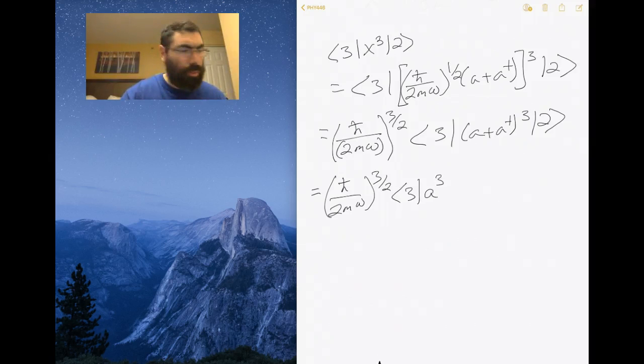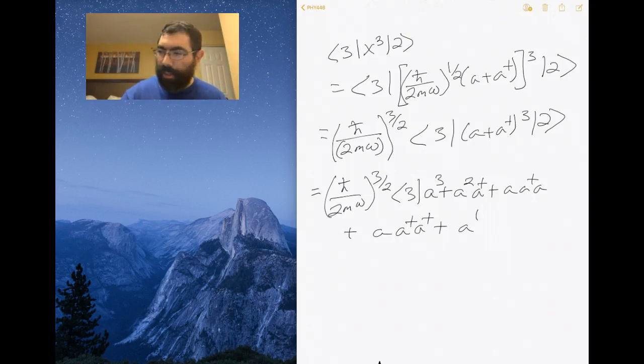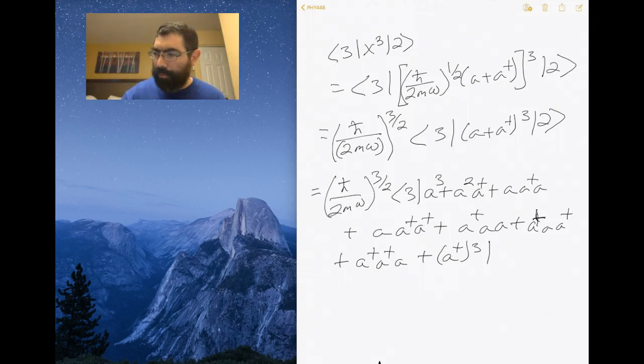So I have a cubed plus a squared a dagger, plus a dagger a a, plus a a dagger a, plus a a dagger a dagger, plus a dagger a a dagger, plus a dagger a dagger a, plus a dagger cubed.